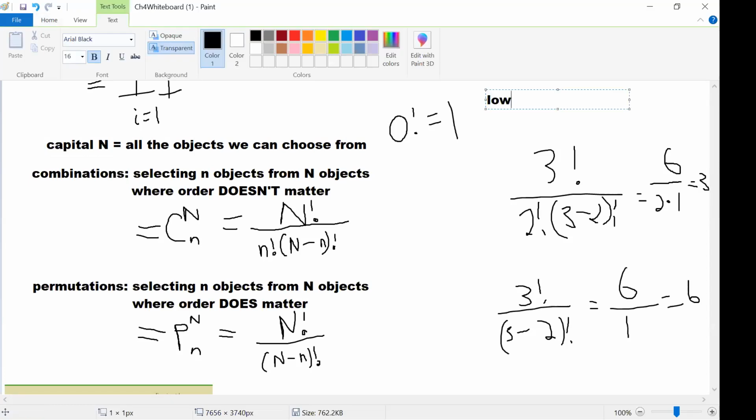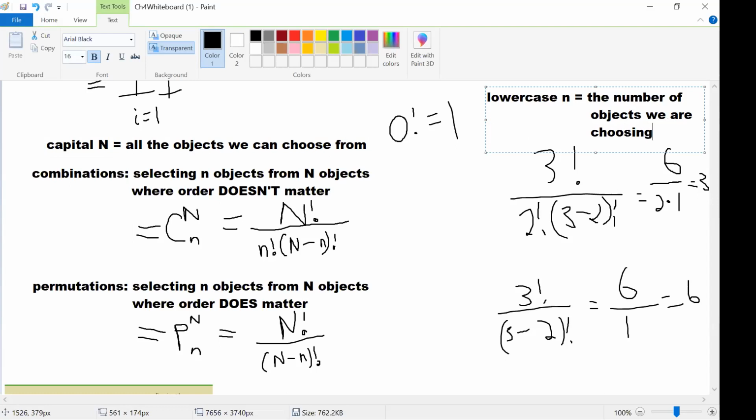Then lowercase n equals the number of objects we are choosing. There you go. There's the difference.